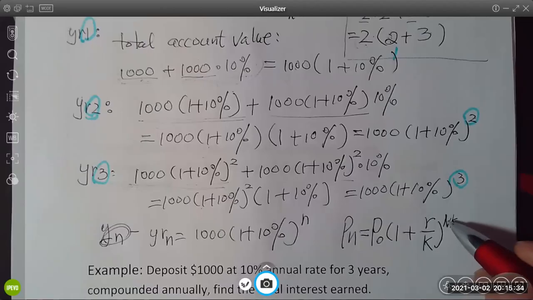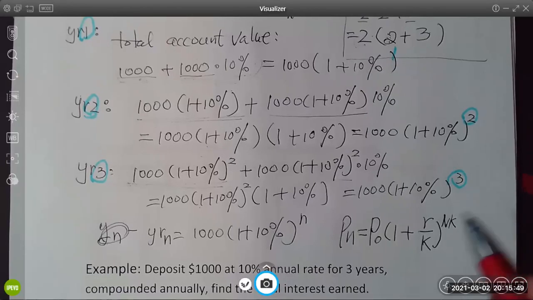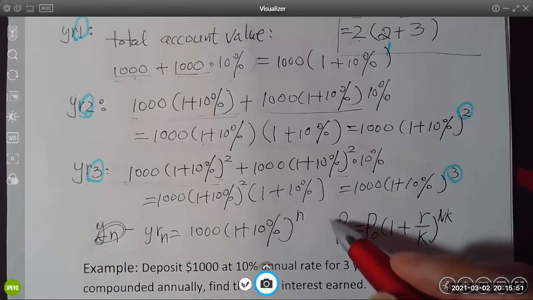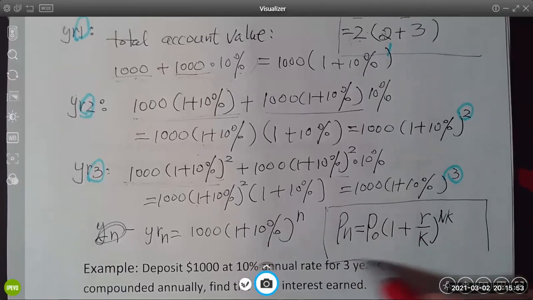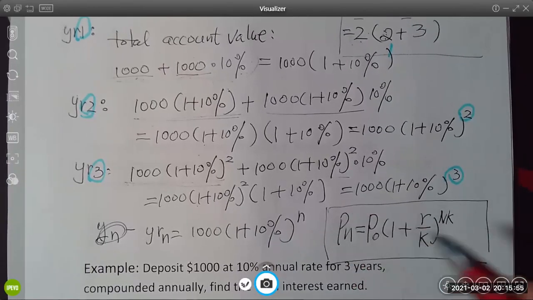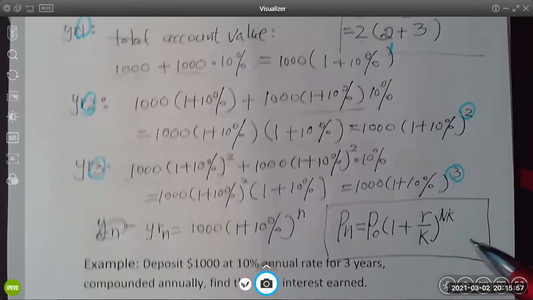For example, if n equals 5 and you compound monthly, 5 times 12 is 60. If you do it every month for 5 years, you're going to do it 60 times. That's why these two have to be multiplied together. So eventually, this is our compound interest formula, which calculates the total account value in the future.